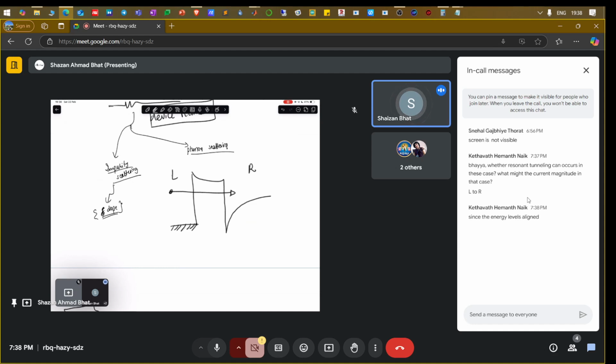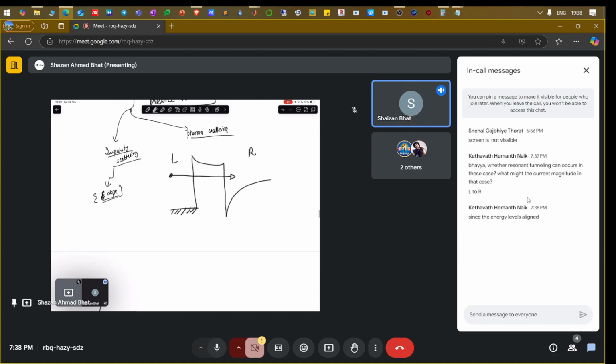Your thought is absolutely correct, but that doesn't mean that tunneling will happen because this particular thickness is huge. It's approximately 20 to 30 nanometers most of the times, or even maybe up to 50 nanometers. That means if you have an electron in the metal, the electron as a wave function won't be able to tunnel here.